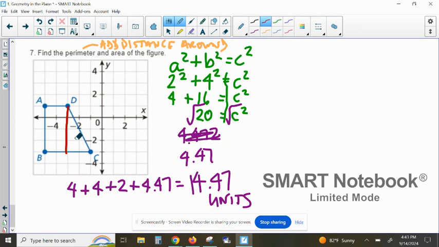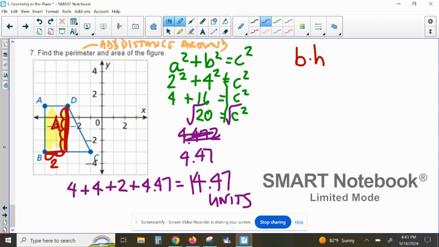Okay, so I'm going to do each part separate, and then I'm going to add the parts together. So I'm going to do this shape right here first. That is a parallelogram. So I know the formula for the parallelogram is base times height, and that is going to give me my area. So I just need the base. So that's 1, 2. And the height. How tall was this? 1, 2, 3, 4.